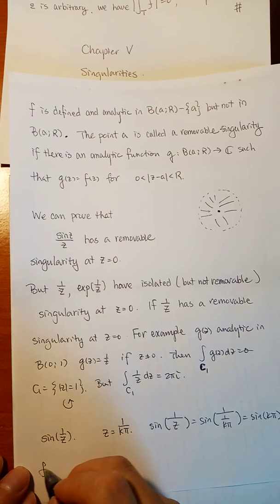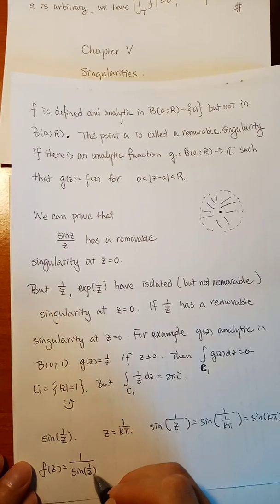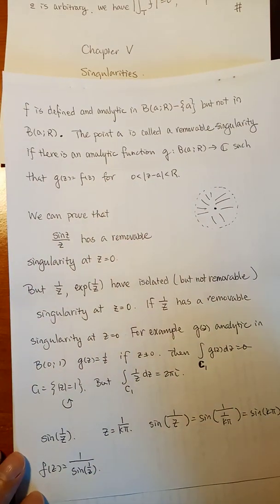Then we choose f of z as 1 over sine 1 over z.